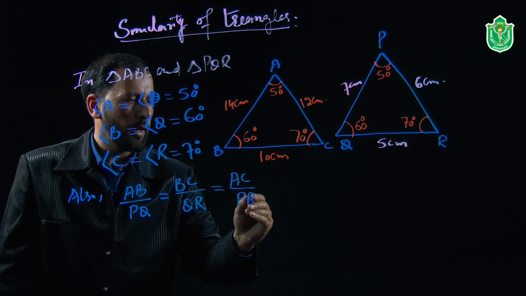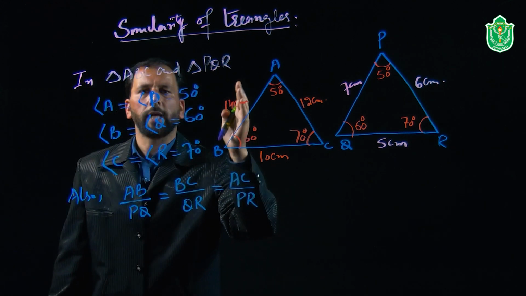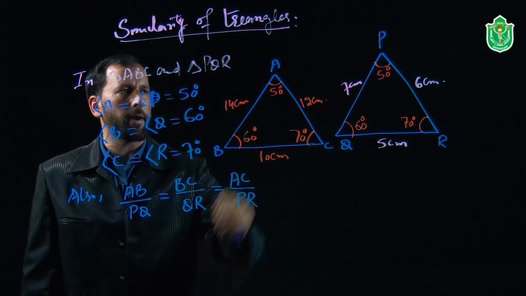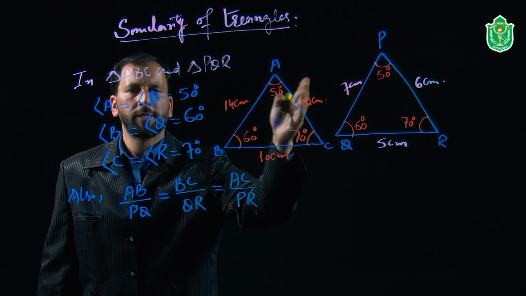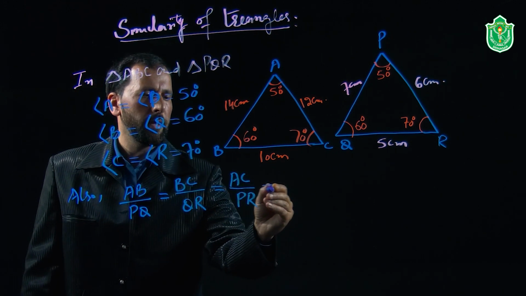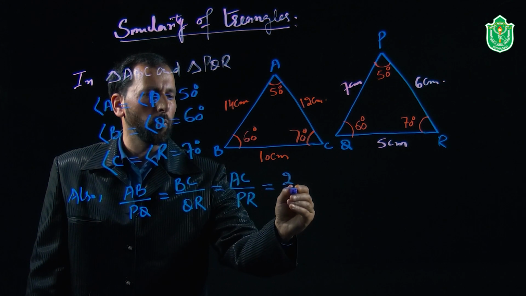So if we look at these corresponding sides of the two triangles, AB is equal to 14 centimeters and PQ is equal to 7 centimeters. The ratio between these corresponding sides, we observe, is 2/1.